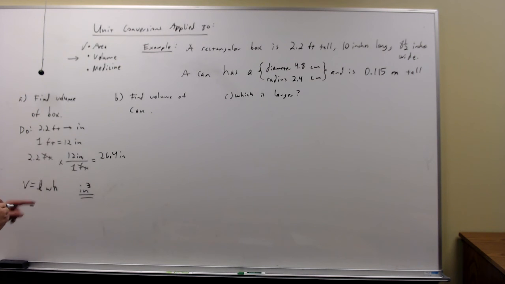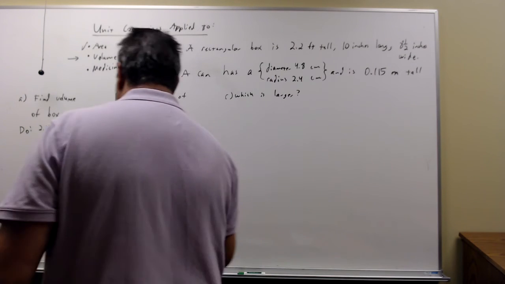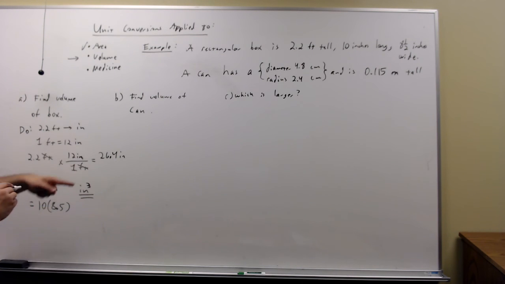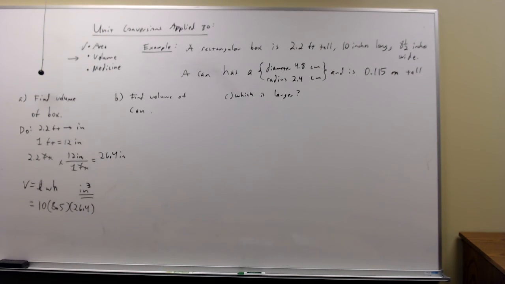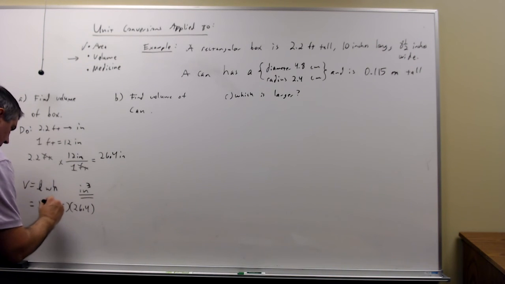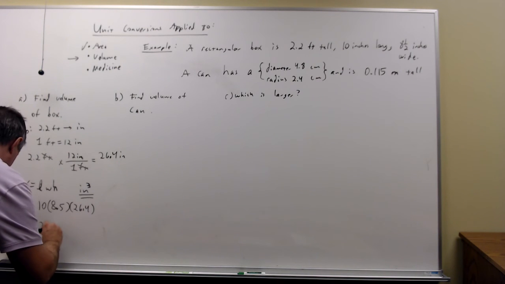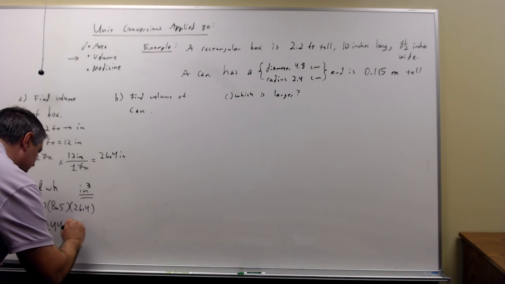So the length is 10, the width is 8.5, and the height is 26.4. I'll multiply all 3 of those: 10 times 8.5 times 26.4. That's 2,244 cubic inches.